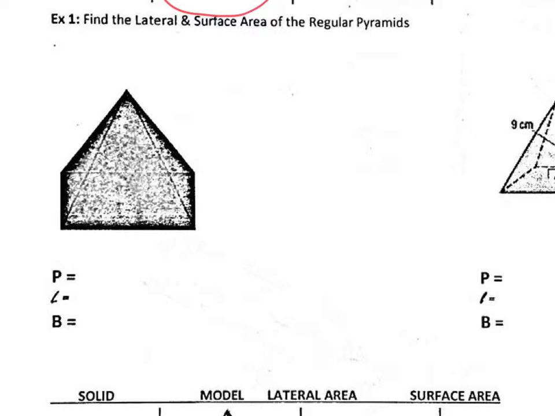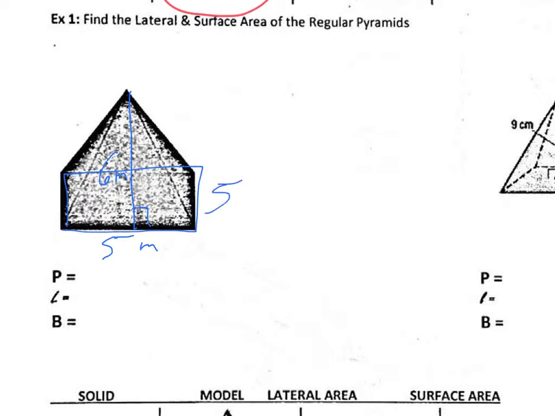Let's suppose that we have a slant height of 6 meters, and this is 5 meters. Well, the perimeter of my base, remember, it's regular. That means all the sides of the base are congruent.